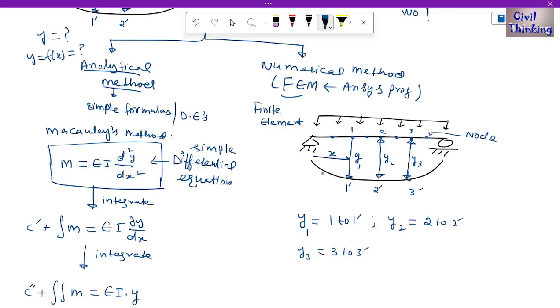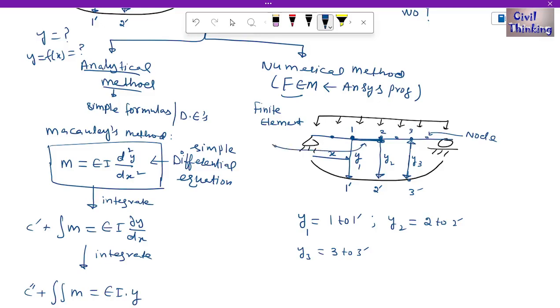Now this is one node or point, and this is another node. Let me erase this. Now this is 1 and this is 2. This is a node and this is a node. This line connects two nodes, so this is the finite element.